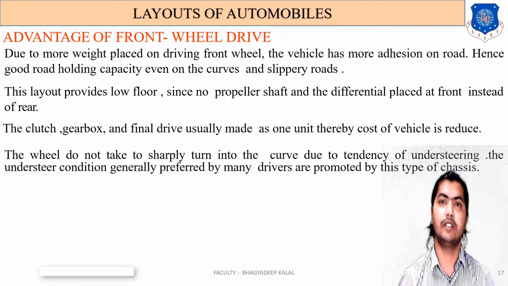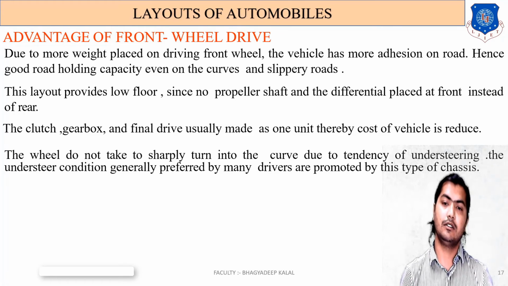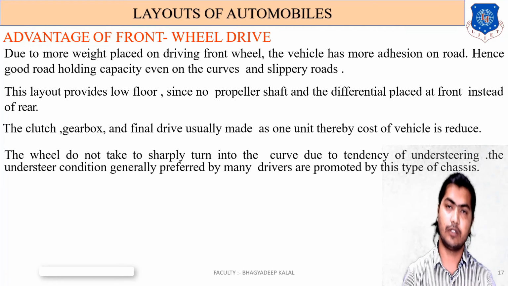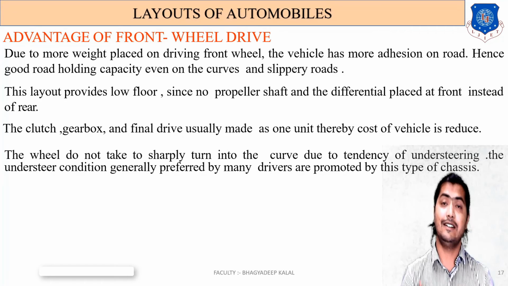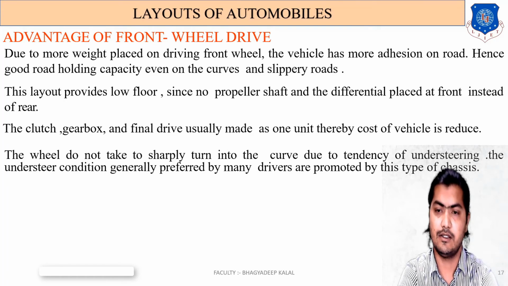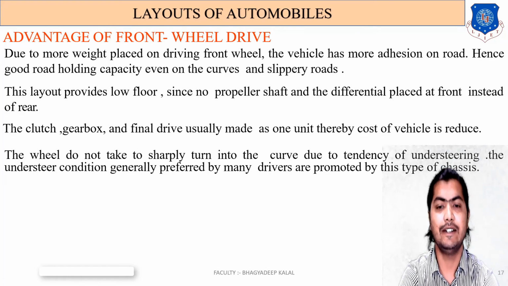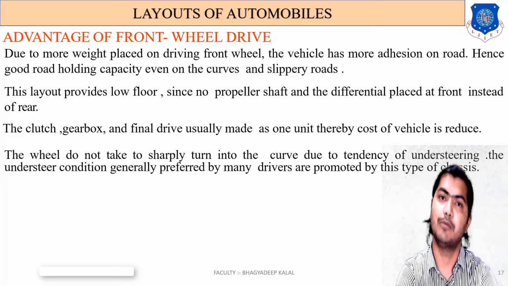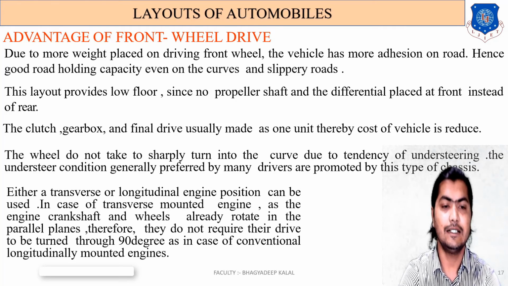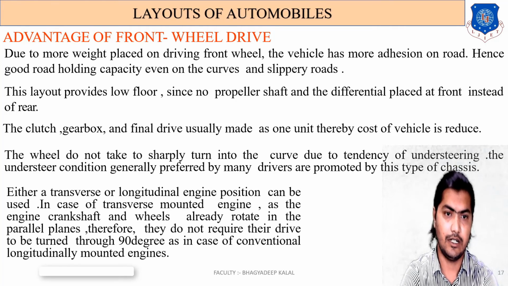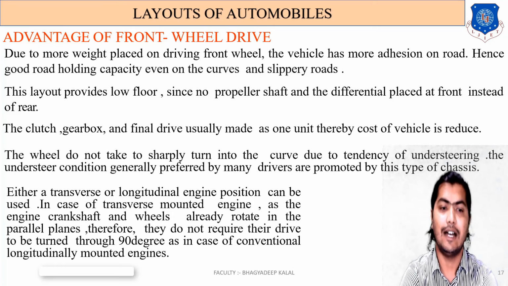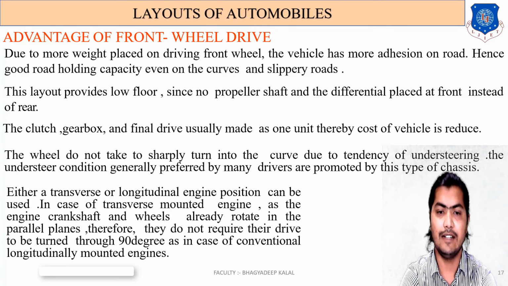If you take a sharp turn on a curved road, at that time you can see the tendency of understeer or skidding phenomena. The understeer condition, generally preferred by many drivers, is promoted by this type of chassis.